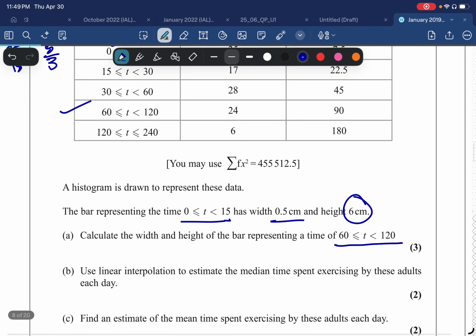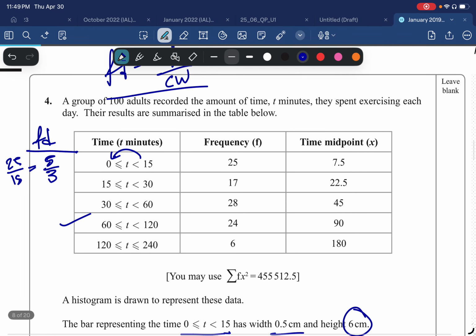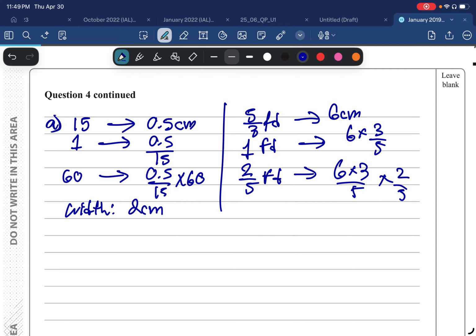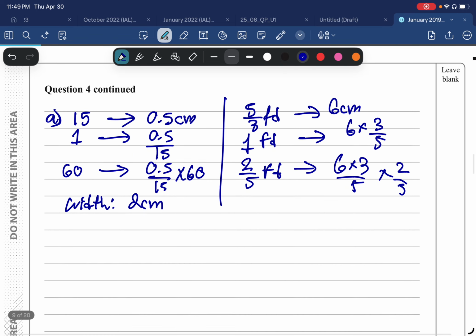The frequency density of our desired one is going to be 24 divided by 120 minus 60, so 24 divided by 60, which is 2 by 5. So for a frequency density of 2 by 5, it's going to be 6 times 3 by 5 times 2 by 5. I'm not going to even attempt using my brain here. Just going to use the calculator as usual.